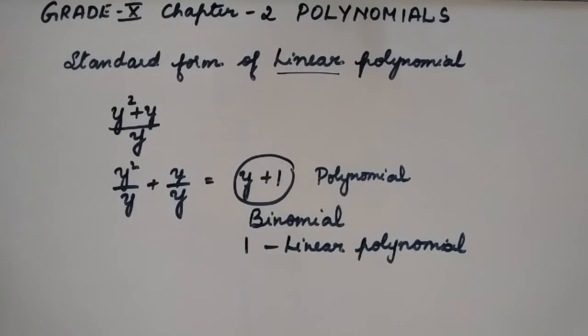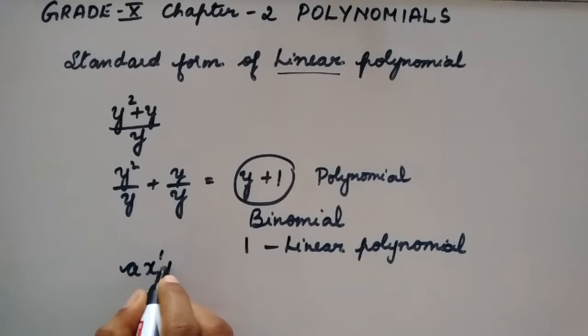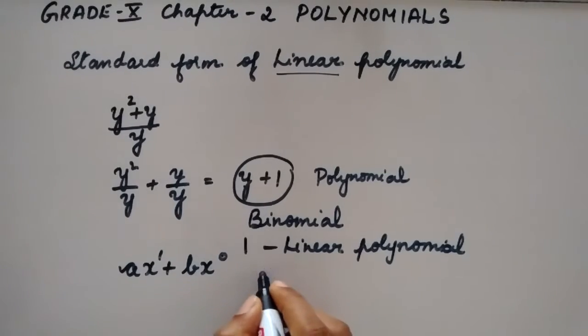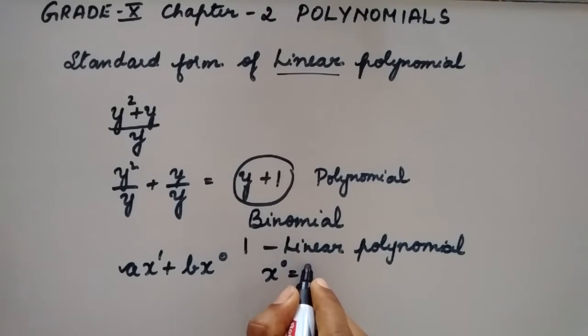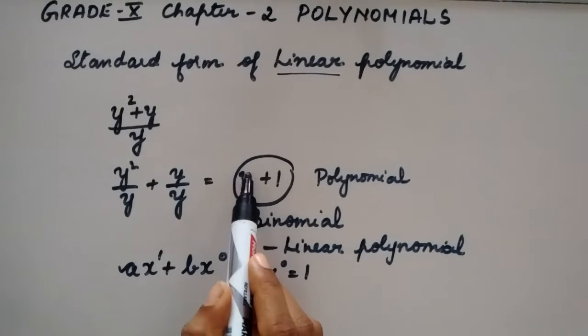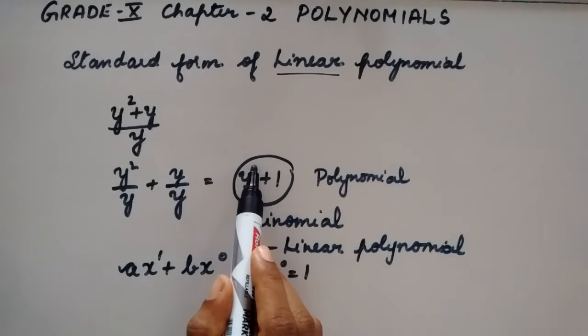So the standard form of linear polynomial will be ax to the power 1 plus b into x to the power 0. And what is x to the power 0? It is always 1, isn't it? Yes. So here in y plus 1, the degree of the variable is 1.